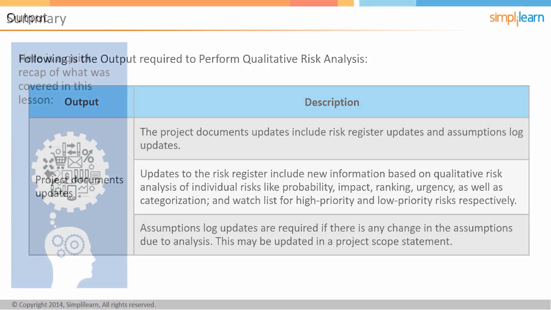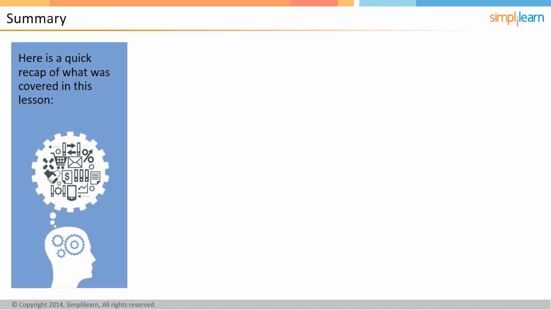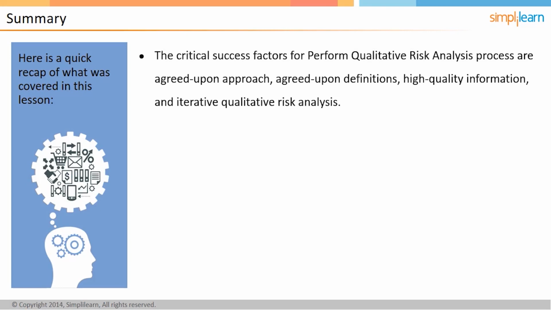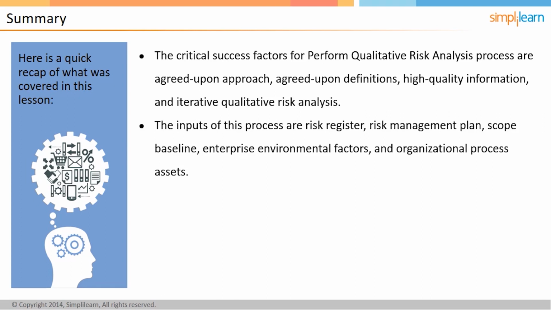Here is a quick recap of what was covered in this lesson. The critical success factors for Perform Qualitative Risk Analysis process are agreed upon approach, agreed upon definitions, high quality information, and iterative qualitative risk analysis. The inputs of this process are Risk Register, Risk Management Plan, Scope Baseline, Enterprise Environmental Factors, and Organizational Process Assets.